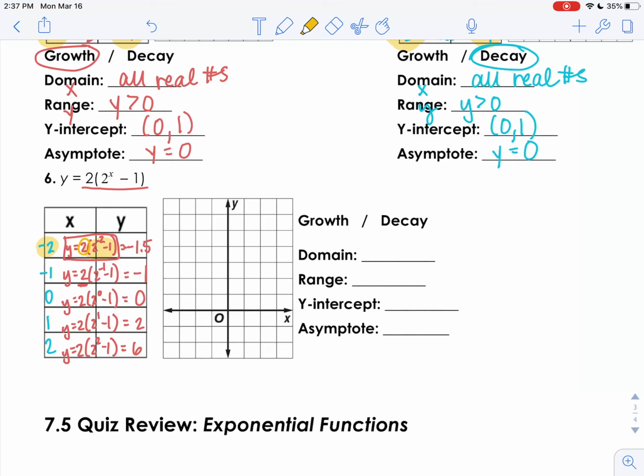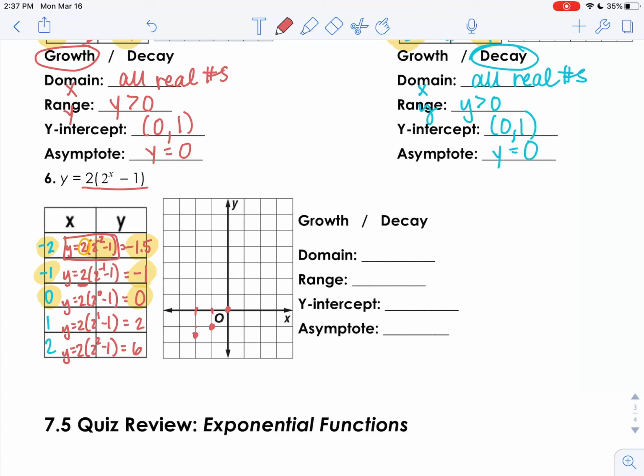So now I can start to plot these points. My first point is -2, comma, -1.5. So I'm going to go over 2, and then down 1.5. So that puts me here. This is our first time, I think, going below the x-axis. Our next point is -1, comma, -1. So at -1, I'm going to go down 1.